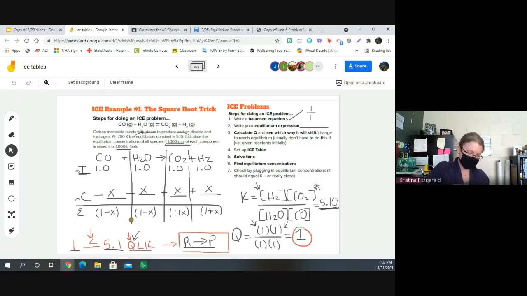This tells me that I've got each of my 4 things. I'm subtracting some stuff from the CO2 and the H2O, and I'm going to make some stuff on the other side. I just want to figure out what these concentrations are, so I'm going to have to solve for X, which is going to get a little dicey. It's not terrible though. We're going to do that part.